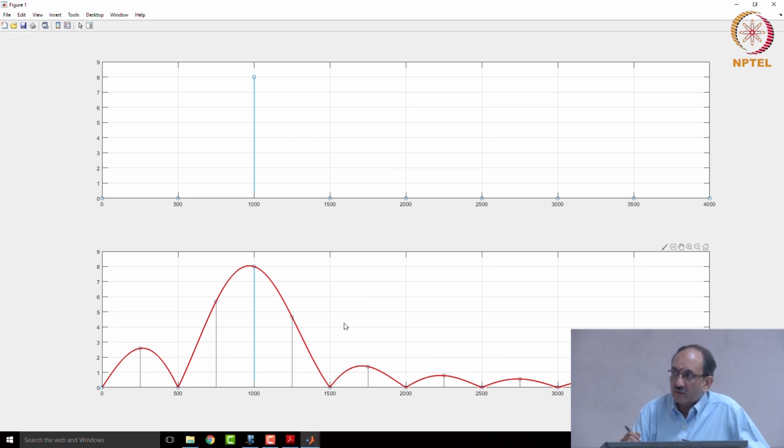But again, the farthest two things can be apart is if their frequency is fs by 4, for a real-valued signal. So if now the frequency is much closer to say 4000, you will have interference from the other image that has come close to 4000 from the other side.